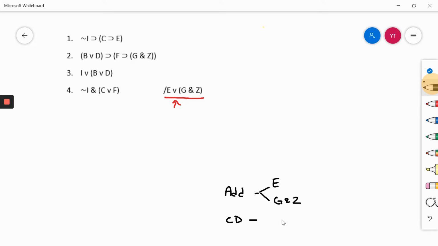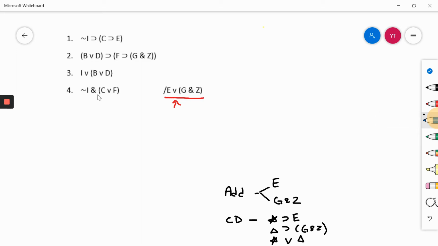Now, if it turns out that it is CD that we're using, then what we'll be looking for is some conditional that has E on the tail end and something in front, and also another conditional with G and Z on the tail end and something else in front. And now for constructive dilemma, we need one more ingredient, and that's going to be the disjunction with the antecedents of the conditionals.